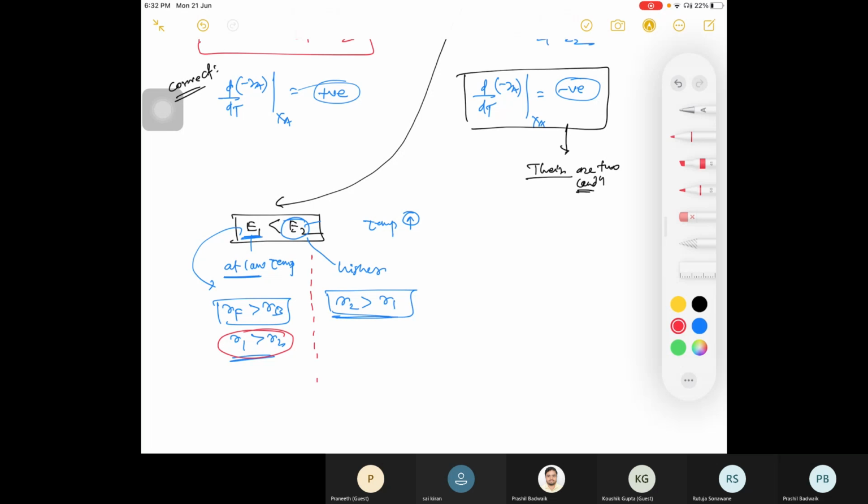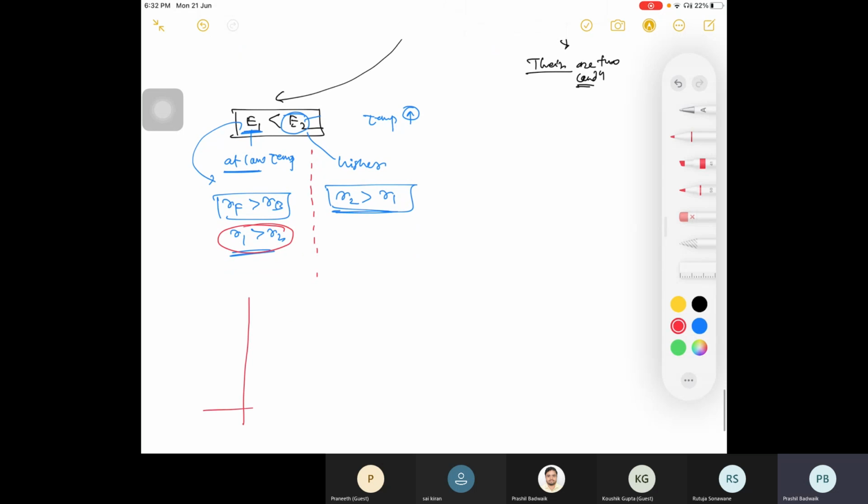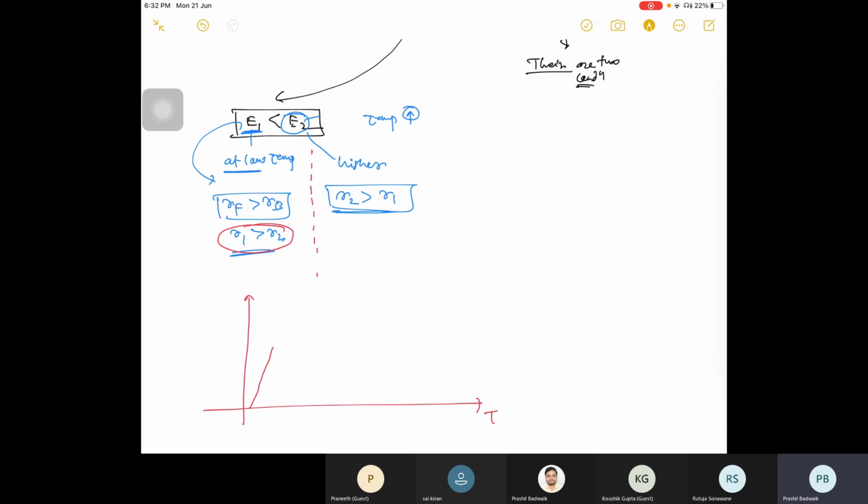First, up to a certain conversion or up to a certain temperature increase, you will have a curve that is increasing and then it is decreasing. So in case of an exothermic reaction, you will have a curve like this. You may find this curve in your Levenspiel chart.